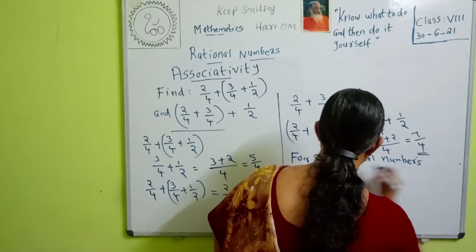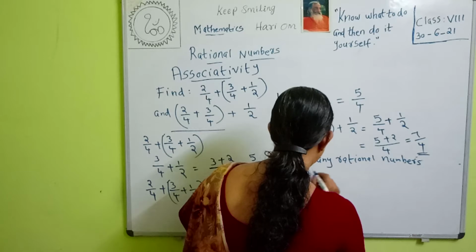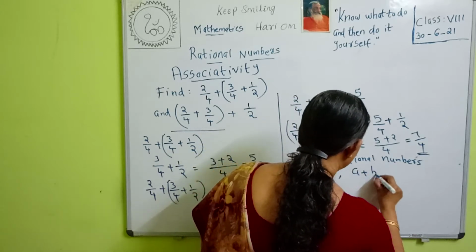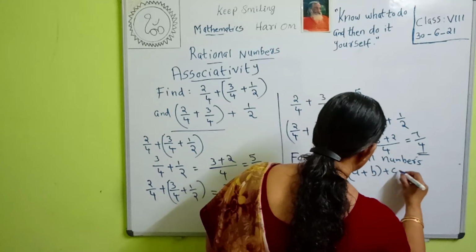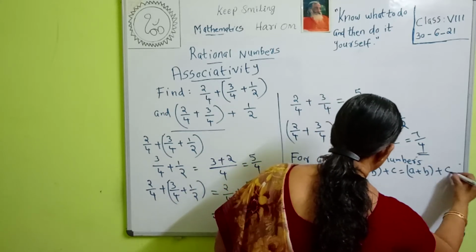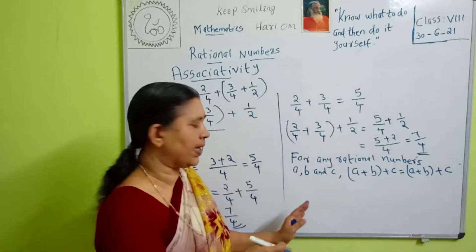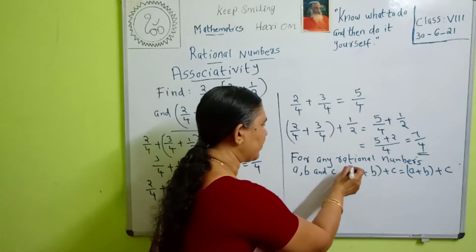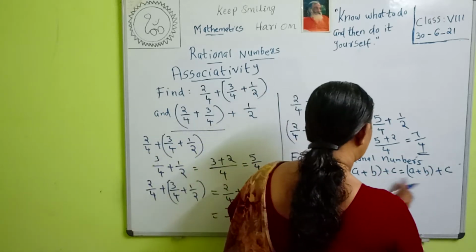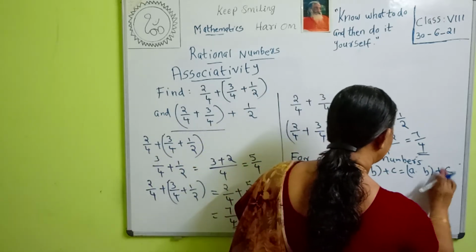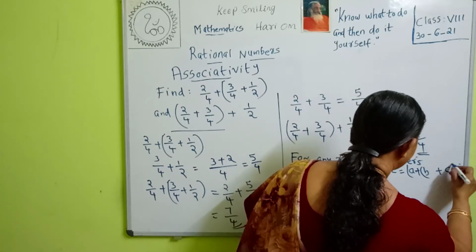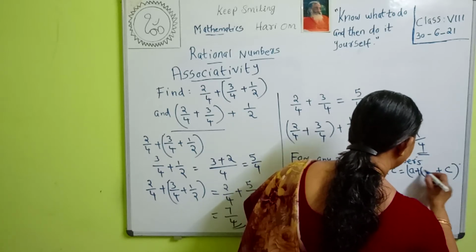That is, if we add A plus B first and then add the sum with C, it is equal to A plus the sum of B plus C.